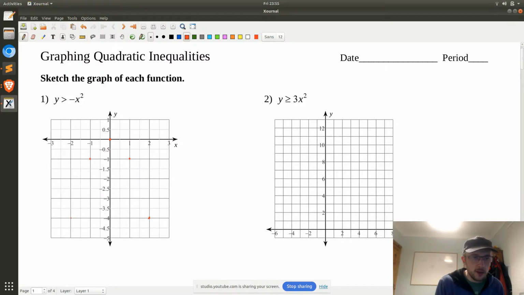It's a parabola that opens downwards. So let's see now. It'll be about here-ish and here-ish. But I must remember that it's a dashed line for an inequality. Something like that.